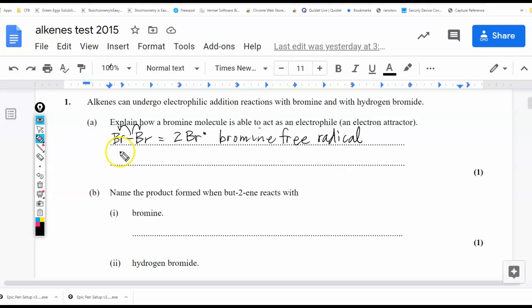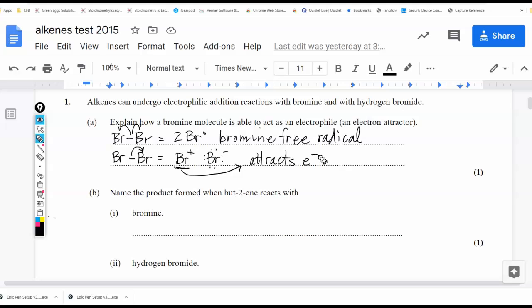So what if instead the bromine breaks apart heterolytically and both electrons go to one Br, and so we end up with a bromine that is more electropositive and a bromine that has already attracted all of its electrons, so it is more negative. So it is this bromine right here that is attractive to electrons because of its positive charge.